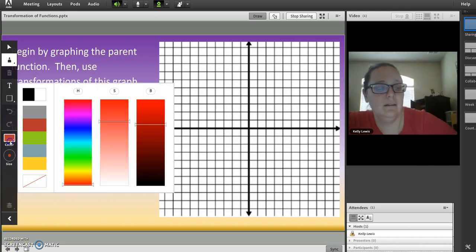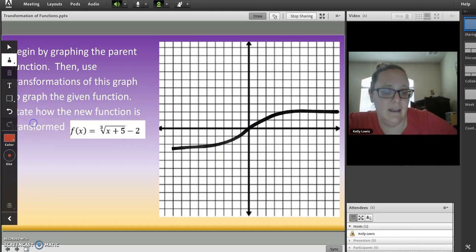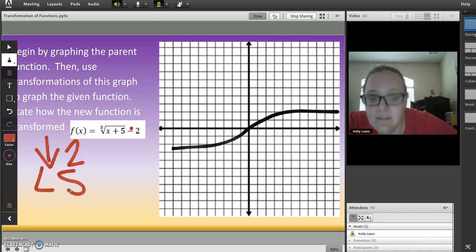Okay, here, the parent function is this guy. And then we're going to go down 2 from that, -2, and we're going to go left 5 from that, +5 on the inside. So down 2, left 5. And then draw the same basic shape.